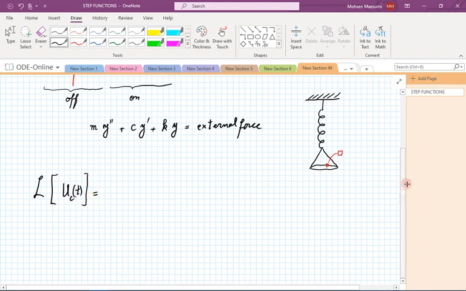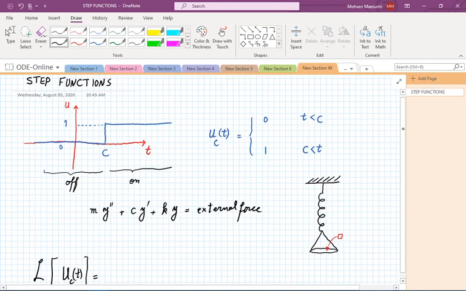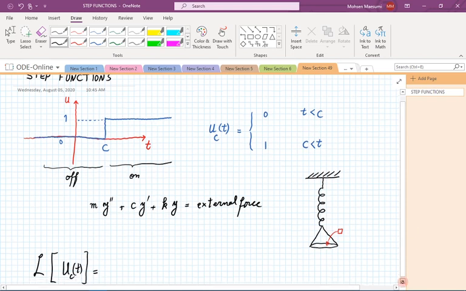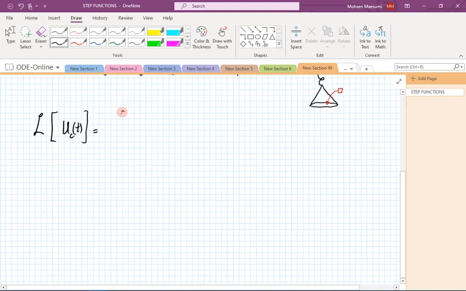Well, in the previous lectures we have seen several problems resembling this. We just didn't call it a step function. We said that whenever you have a piecewise defined function, you take your integral and split it according to critical times that you have here and just do the integration. So that's what we are going to do here as well. By definition I have to integrate from 0 to infinity of exponential of minus st times my function.